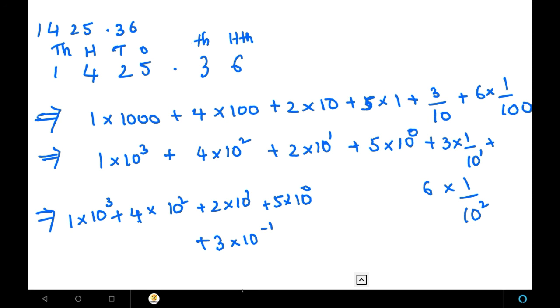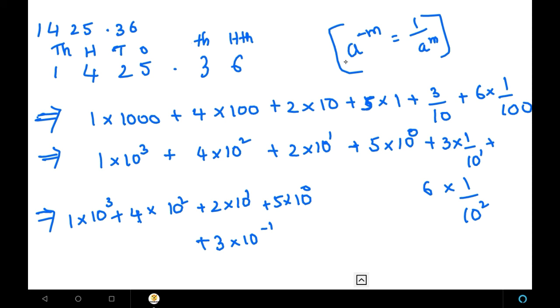10 power minus 1 is equal to 1 by 10 power 1, using the law a power minus m is equal to 1 by a power m. We remember this law from the video on laws of exponents and powers, where we learned a few laws.